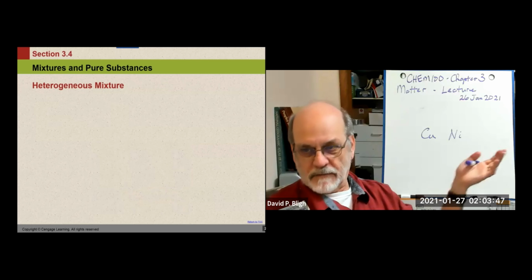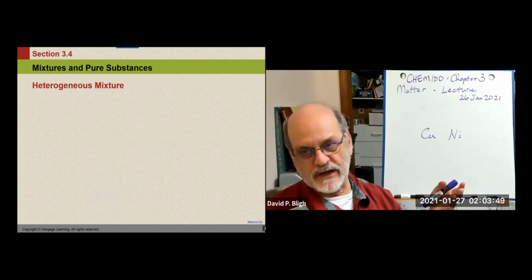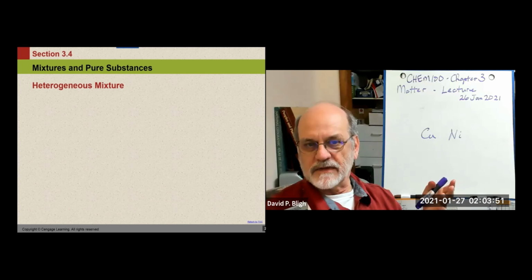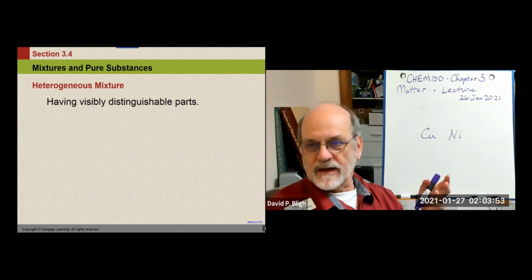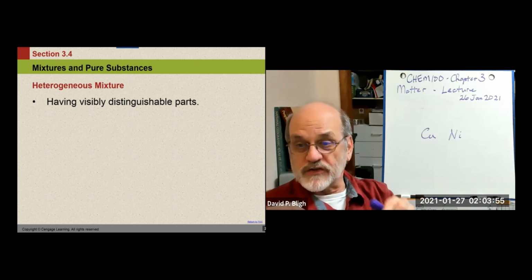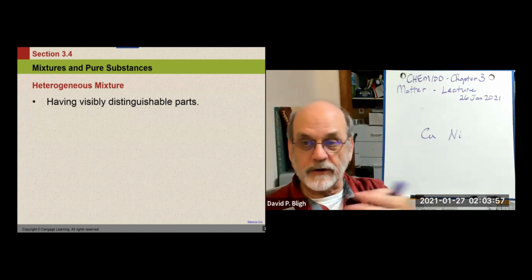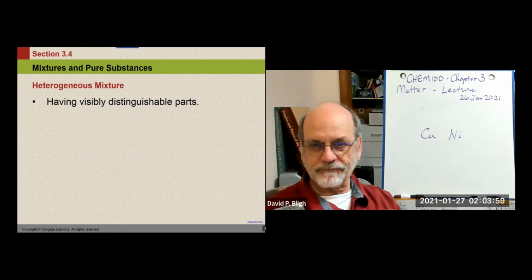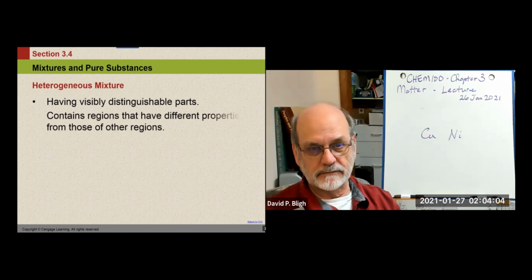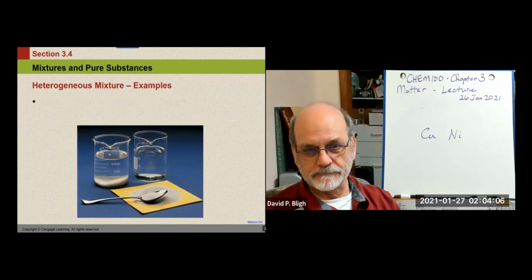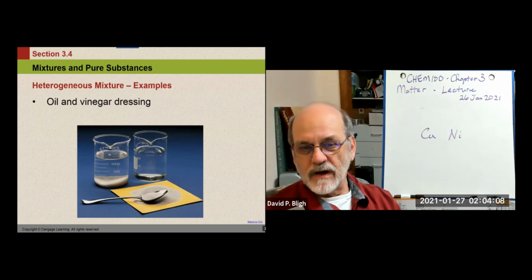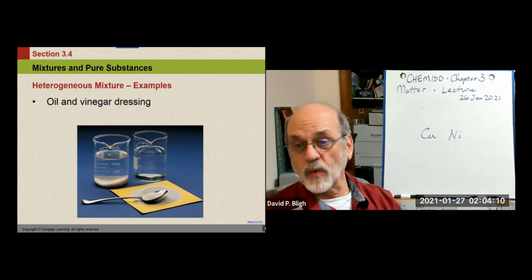Okay. The other possibility is a heterogeneous mixture. And the heterogeneous mixture, depending on where you sample it, will have different composition. It will not be uniform throughout. This example is sand and water.